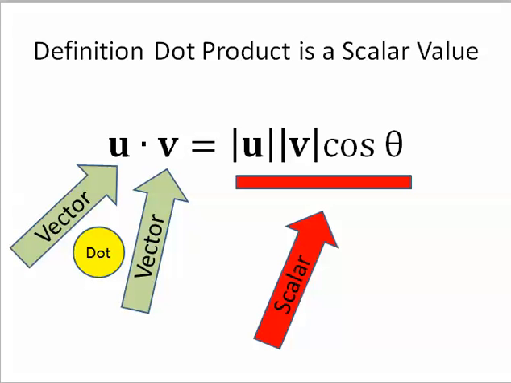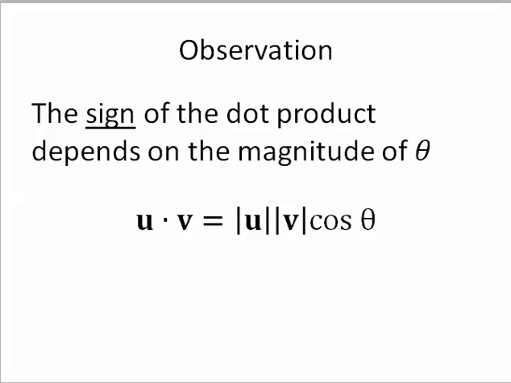I want to point out to you that the dot product is a scalar value. The sign of the dot product depends on the magnitude of theta. If theta is between 0 and pi over 2, that dot product will be positive.